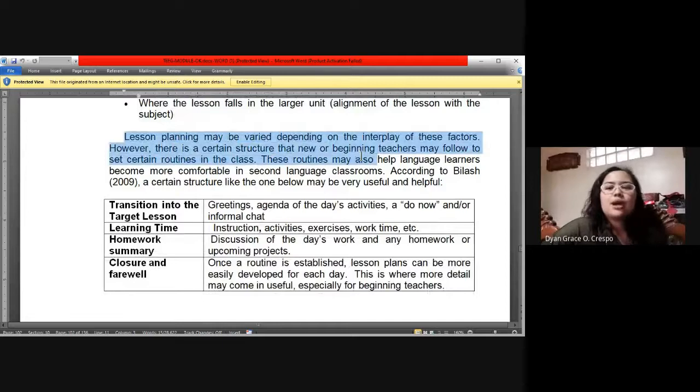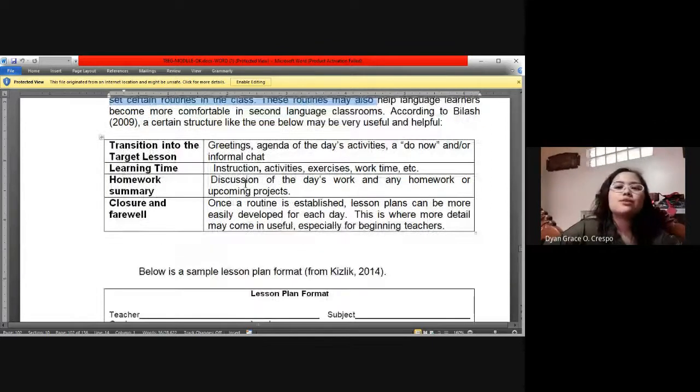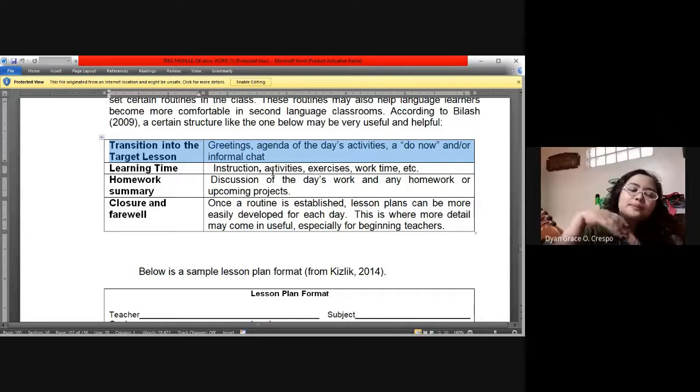Now, lesson planning may be varied depending on the interplay of these factors. However, there is a certain structure that new or beginning teachers may follow to set certain routines in the class. These routines may also help the language learners to become more comfortable. So, first is transition into the target lessons: greetings, agenda of the day's activities, a do now and or informal chat. So, you could chat with them. Kailangan kasi you will have a friendly manner.